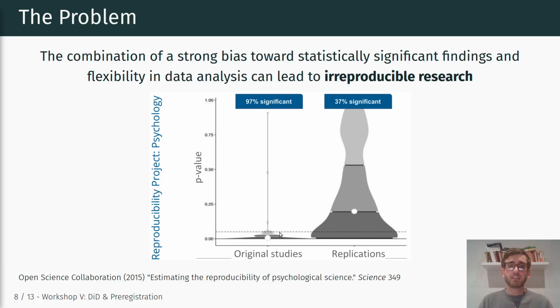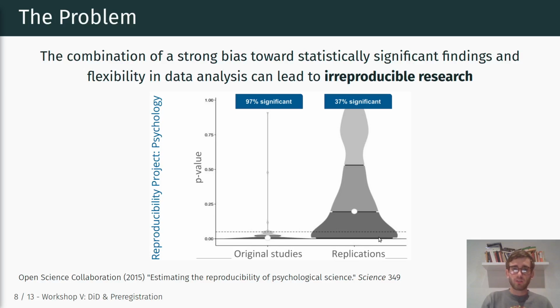Then they replicated them across multiple sites and multiple iterations, and they found that only 37% of the replications were actually statistically significant, right? So that shows you that these problematic incentives when it comes to publication, as well as the flexibility in how to analyze the data, ultimately lead to research results that we can't actually trust.